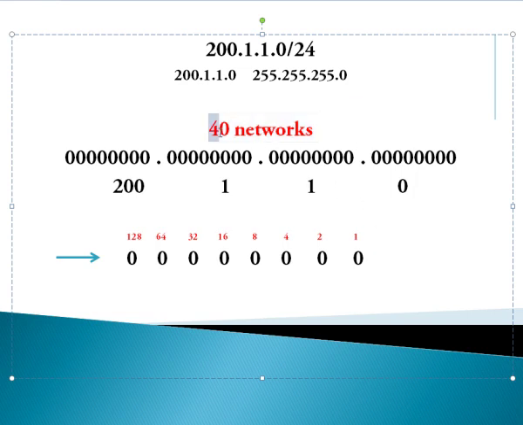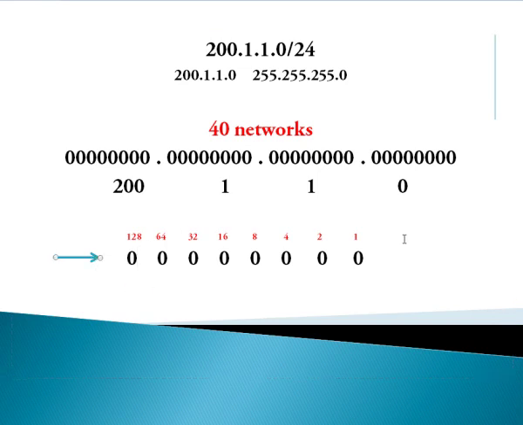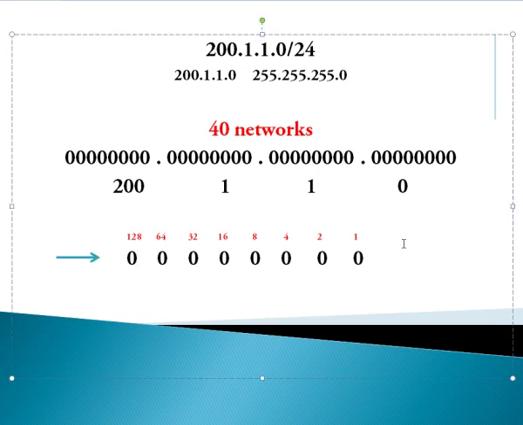Straightforward. For the networks, by the way, this is our octet. I moved this octet down here and spaced it out so we can make things easier for us to understand. For the network, you calculate from left to right, and for the hosts, you calculate from right to left.